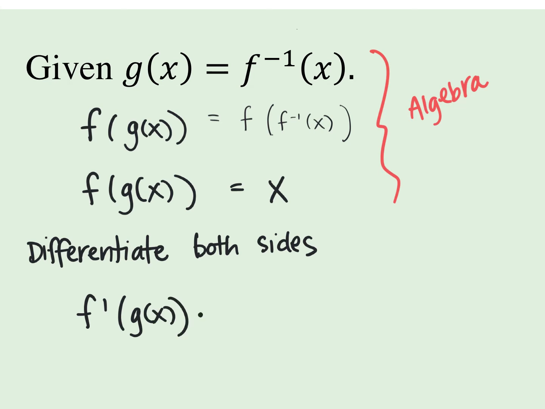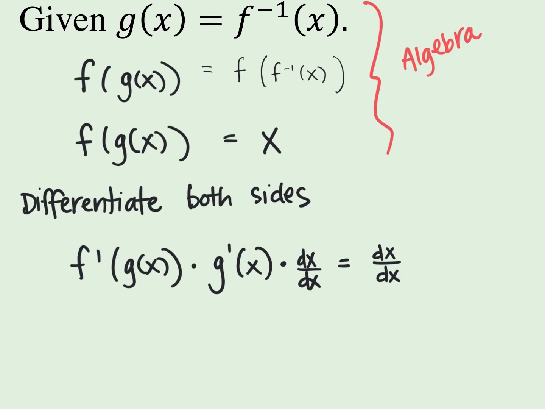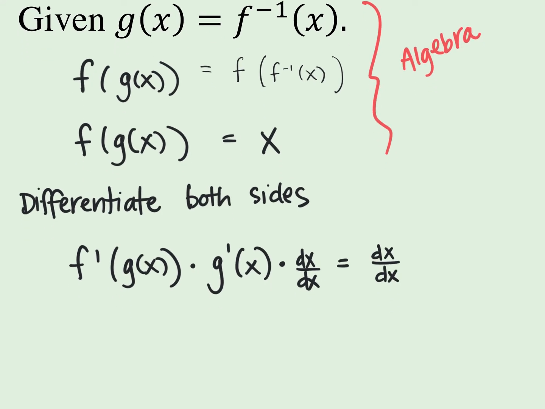Times g prime. And then what do we do to the inside of that? Absolutely nothing. And then we take the derivative of the other side, which is the derivative of x, which is 1. So we now have f prime of g of x times g prime of x equals 1.